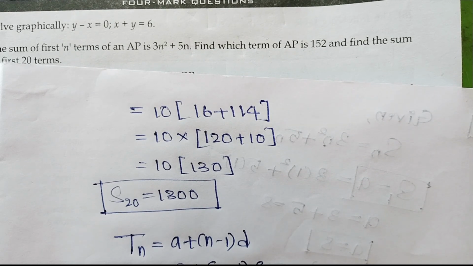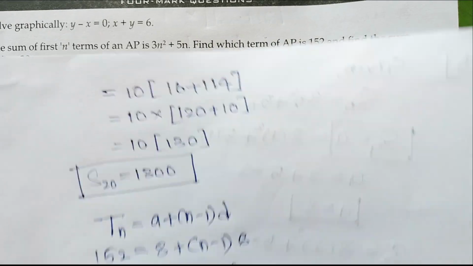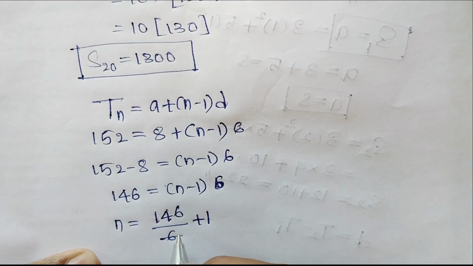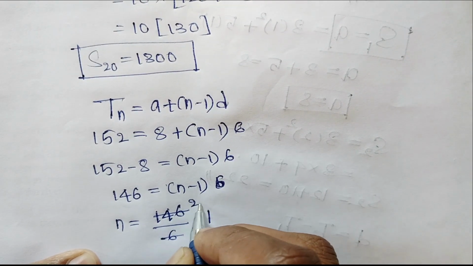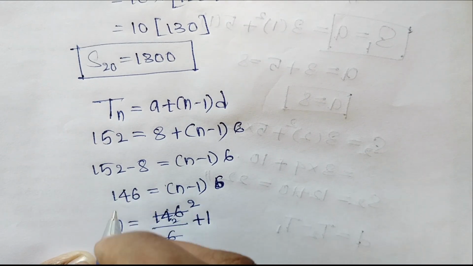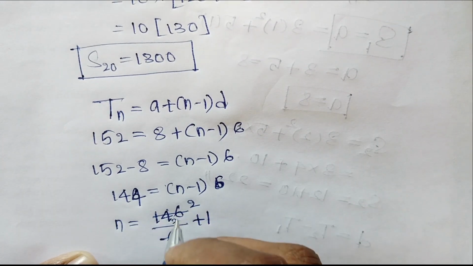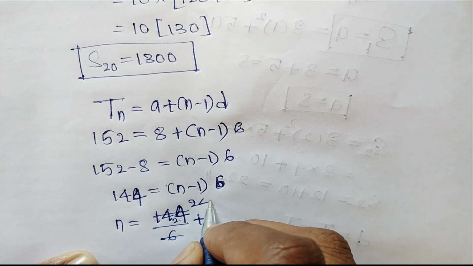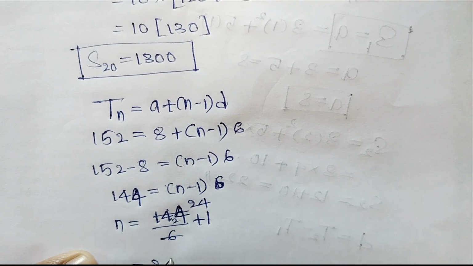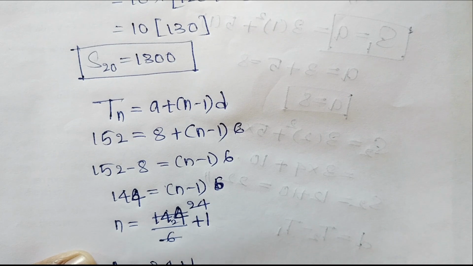So 144 equals (n minus 1) into 6, and n becomes 144 divided by 6 plus 1. That is 24, and 24 plus 1 is 25.